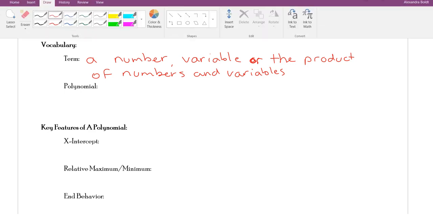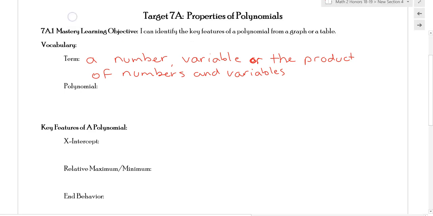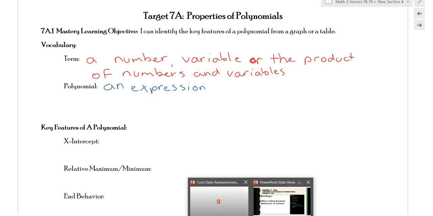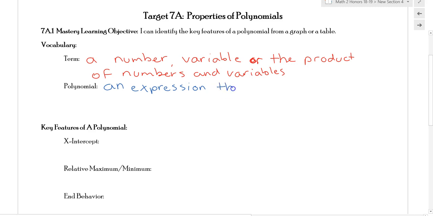Then we have what a polynomial is. And a polynomial is an expression made up of terms by addition or subtraction. An expression is just anything expressed with math, symbols really. An expression is like a math sentence.